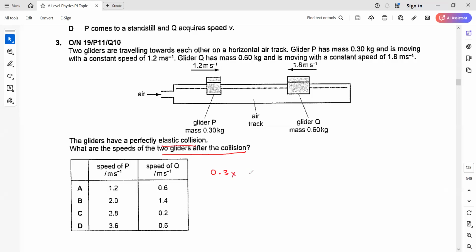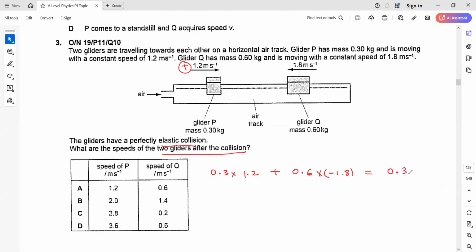Momentum conservation would be 0.3 times 1.2, if I assume this to be positive, plus 0.6 times 1.8. I am taking this as positive, equals, I don't know the speed, but I do know the mass.